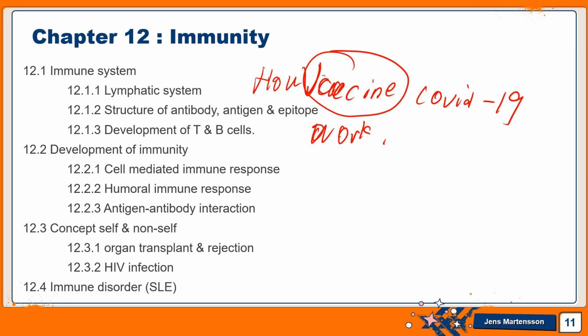Although we don't learn vaccine activity in our body, the immune response in our body is the same.